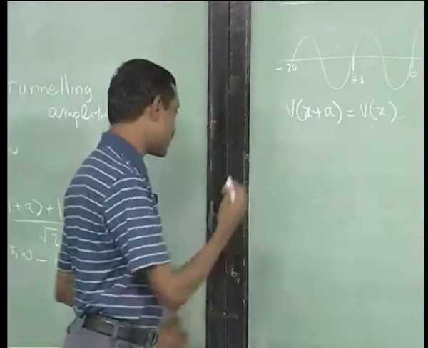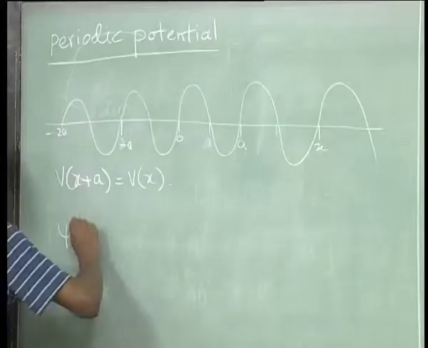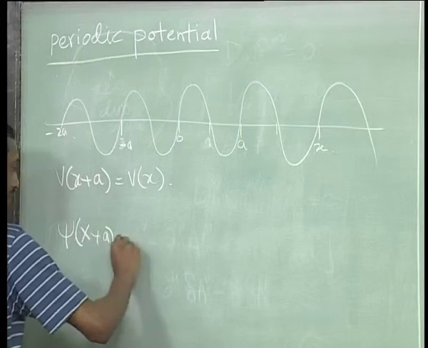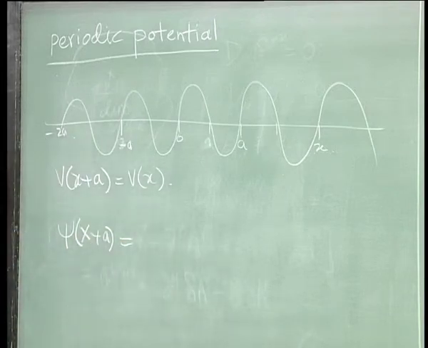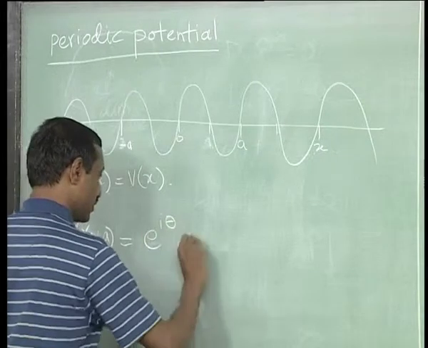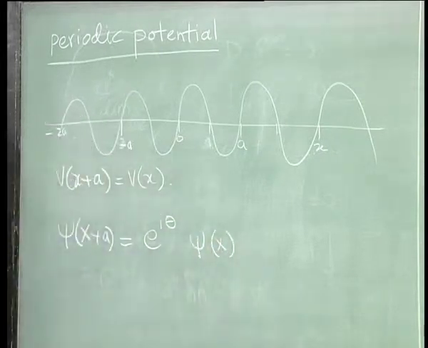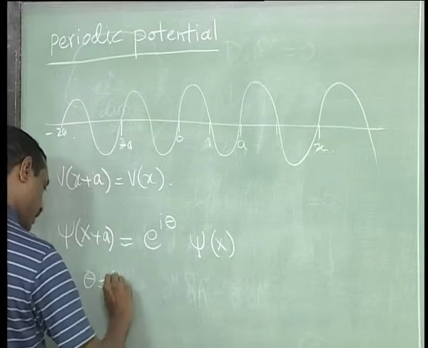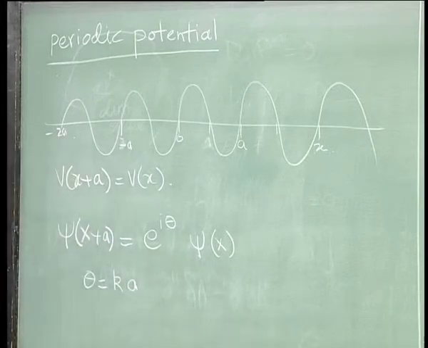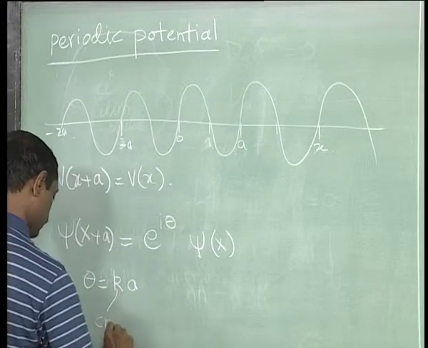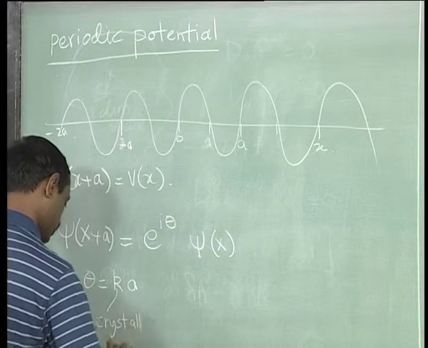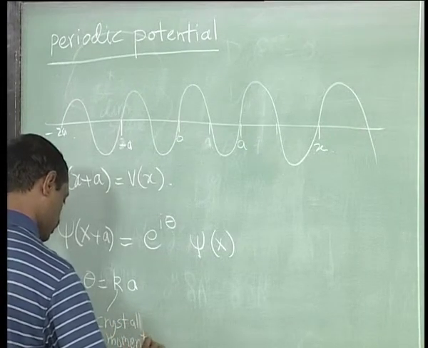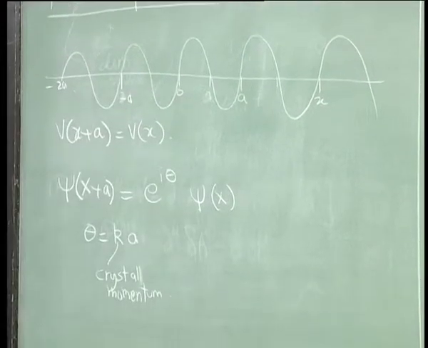So Bloch's theorem tells you that psi of x plus a will not go to itself, but it will go to something up to some phase times psi of x. That is your symmetry, and this theta is usually identified with k times a, and k is called the crystal momentum. But k is only defined modulo 2 pi over a.